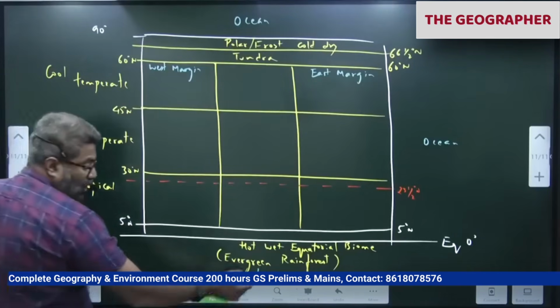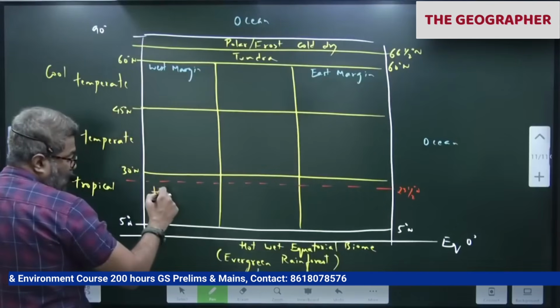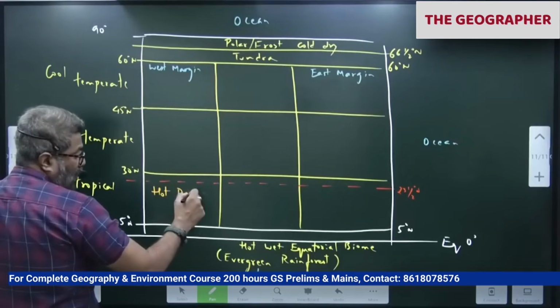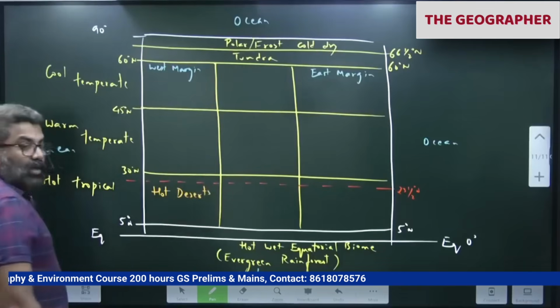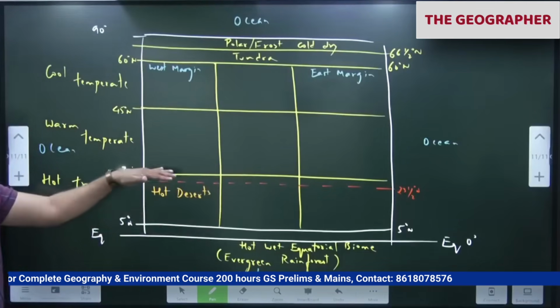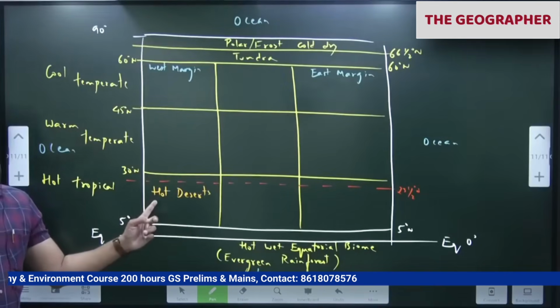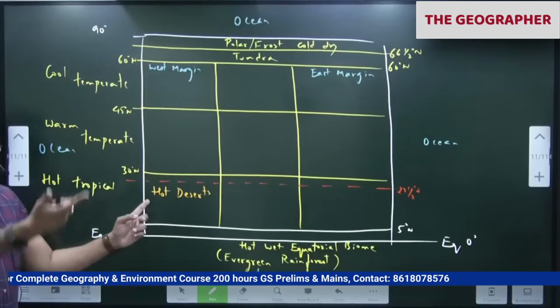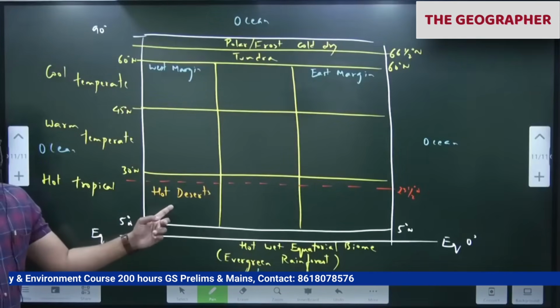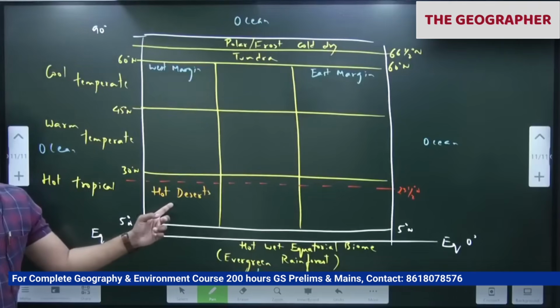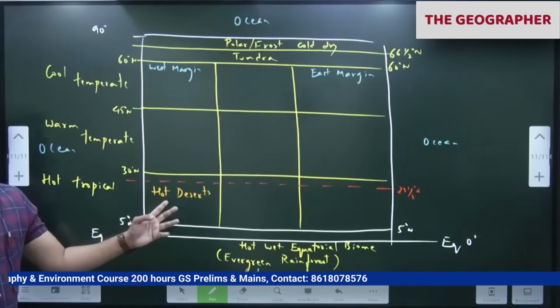So the hot deserts are always located where? Here, in the western margin, in the subtropical belt. Have you heard of Atacama? Remember Atacama? South America we can apply. North America, the Mojave Desert in California. Sahara Desert.